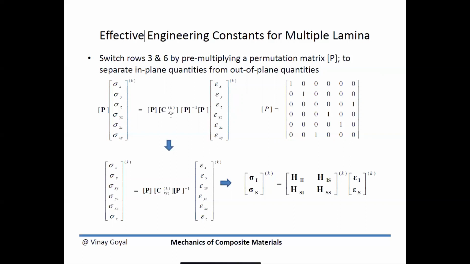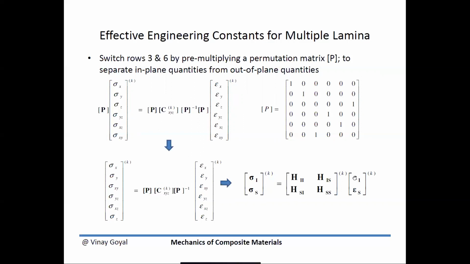The next step, what we plan to do now, is take the top three and call that the in-plane stresses. That's what we're going to call the sigma bold I. And the bottom three quantities will be put into the sigma s, which are the through-thickness stresses. We also have the strains here, the top three.